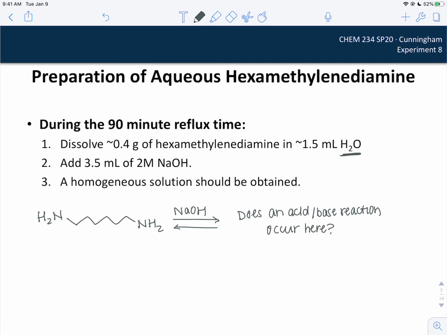And because we don't have any other clicker questions in this presentation, this is going to be your one clicker question for this presentation. So I want you to consider whether the acid-base reaction that occurs here is favorable. Does it occur to any appreciable extent? And why would our solution become uniform over time if it does or if it does not?